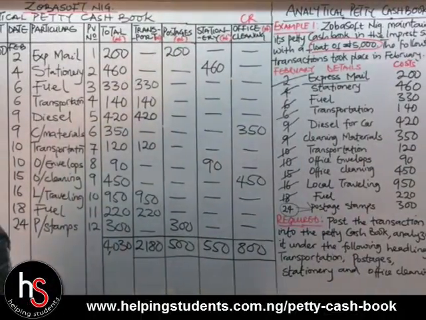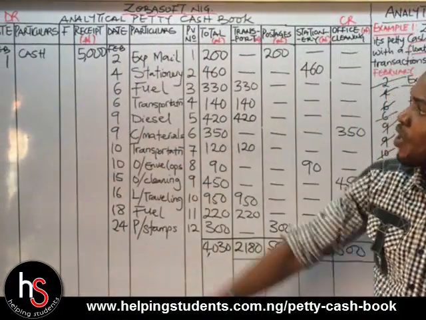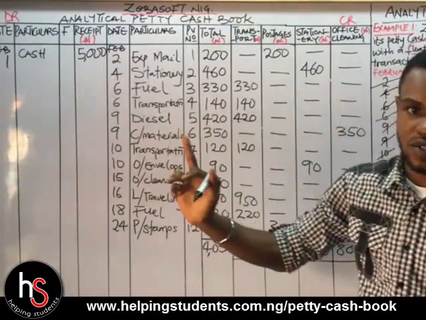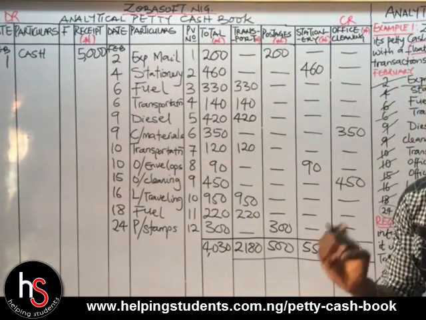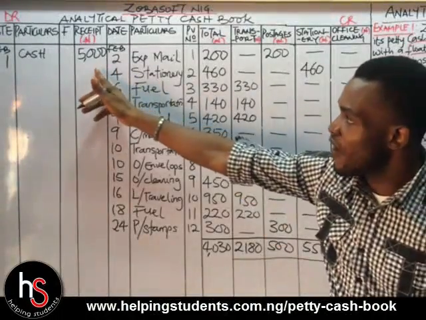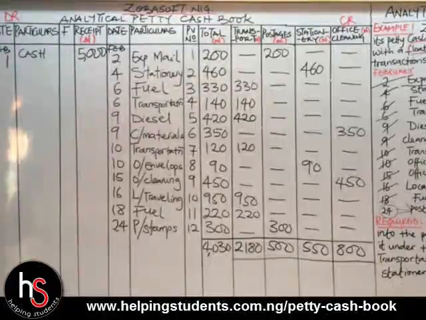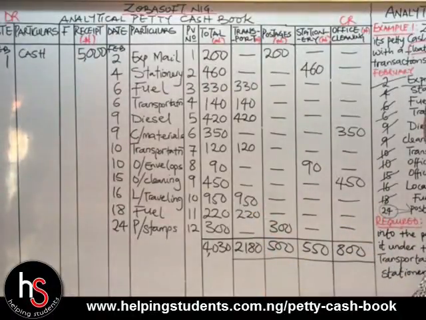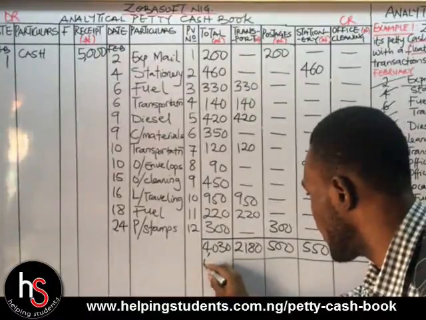So the next thing we'll do now, we'll come over to the credits, to the debit side rather. Remember we have a float of 5,000. Now this float of 5,000 will come down here as our balance brought down. Remember the first thing, you get the total. The next one, you bring your float, the cash, as the balance brought down. So under here we now have 5,000.